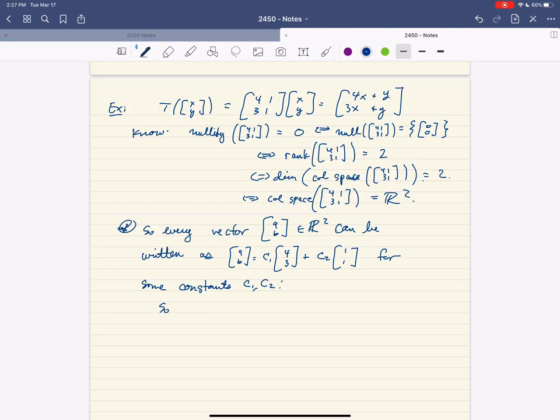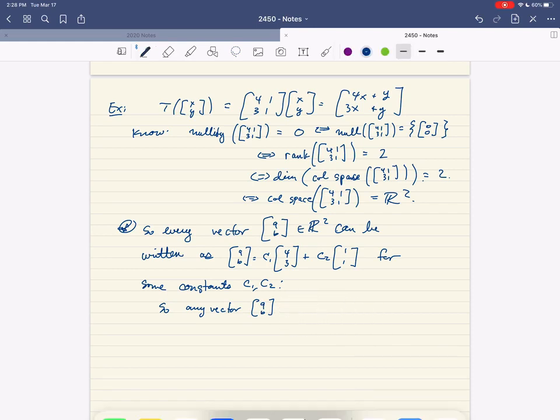Any vector a, b can be written as a linear combination of 4, 3 and 1, 1. So for any vector a, b, there are constants c1 and c2 such that the matrix 4, 1, 3, 1 times c1, c2 is equal to a, b. I said this correctly but wrote it incorrectly, so let me try one more time.